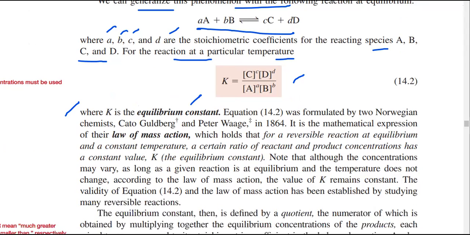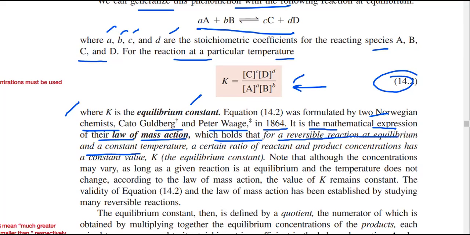This equation that we have shown was formulated by the two Norwegian chemists Cato Guldberg and Peter Waage in 1864, and it is the mathematical expression of their law of mass action, which holds that for a reversible reaction at equilibrium at a constant temperature, a certain ratio of reactant and product concentrations is a constant value.